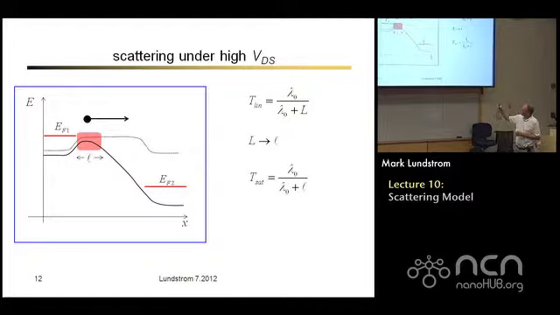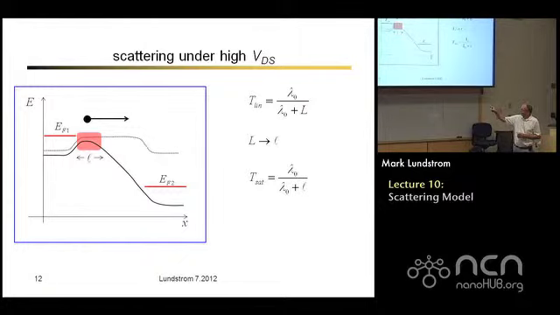Now, another question that comes up is, should we be using the same mean free path in both cases? To first order, the argument is you should. If I look at the dotted line, the carriers are just coming in with thermal equilibrium energy. They have low energy, and they have some mean free path.